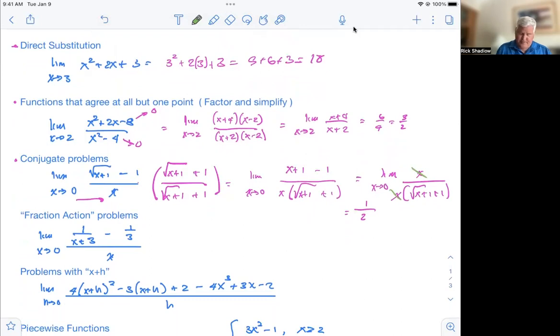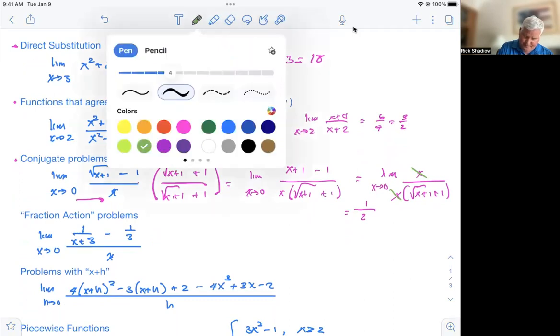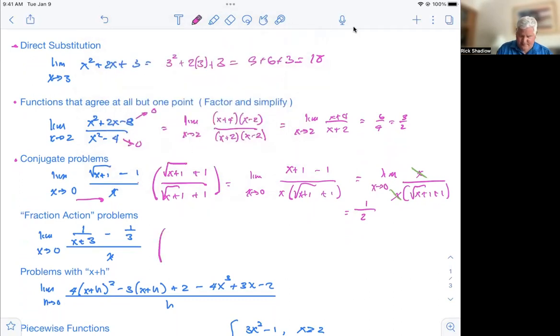All right, so a fraction action problem is a problem just involving fractions, addition, subtraction, simplifying complex fractions, as is the case here. Without doing the whole thing, I'll at least start that problem. This is actually a problem right out of the notes, so you can check the solution again.